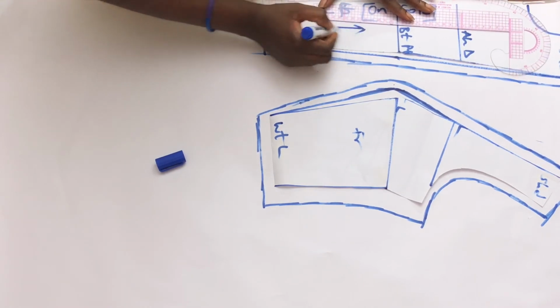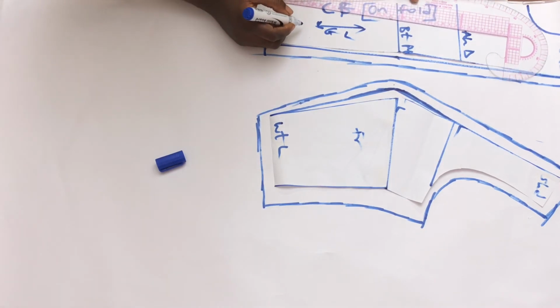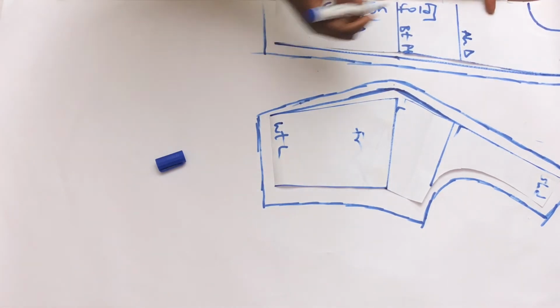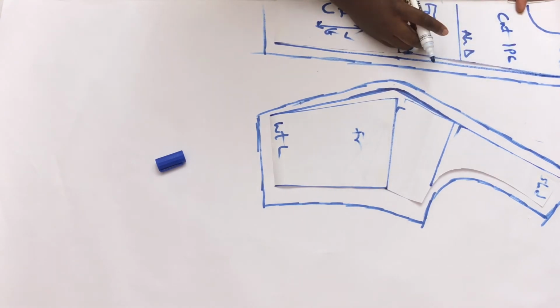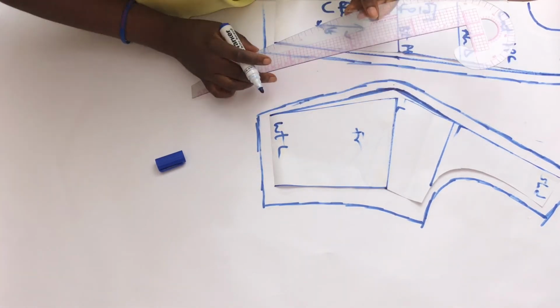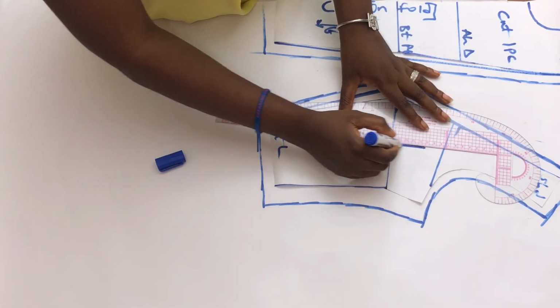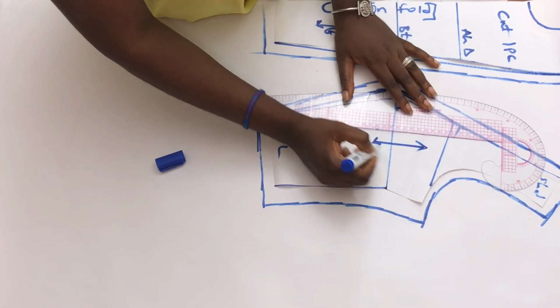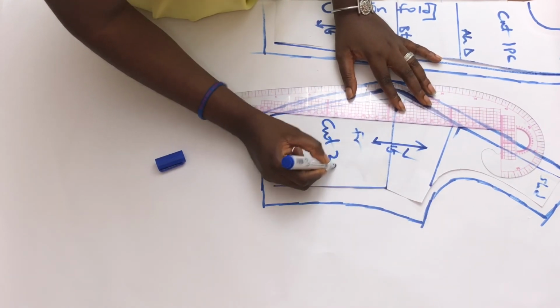This is my grain line, and I'm going to cut 1 piece of this. For the side piece, this is my grain line, and I'm going to cut 2 pieces of this.